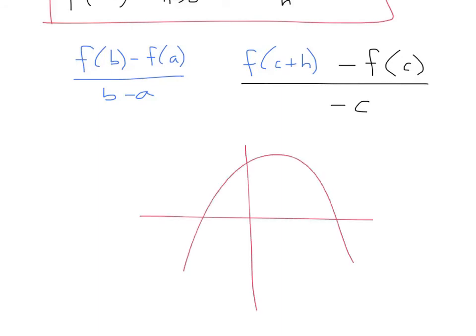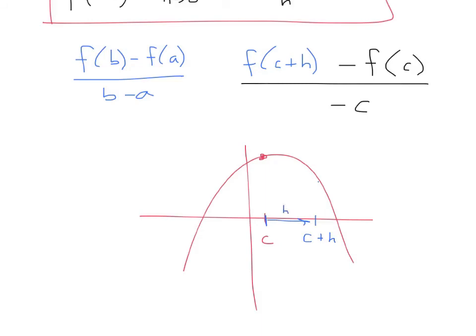You've got this curve. Let's say that this right here is c. This is the point that you actually want to find the tangent for. Rather than going over here and saying, here's a point b, what I'd rather do is say this point over here is c plus a little bit. This was c, I'm just going to go h further away.